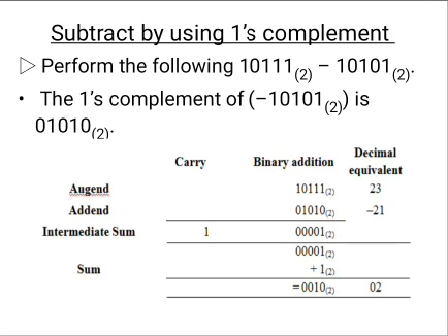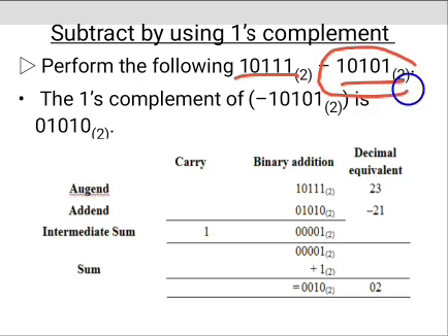Next, subtract by using 1's complement. Perform the following: 10111, it is in base 2, minus 10101, it is also in base 2. The 1's complement of 10101 is 01010.